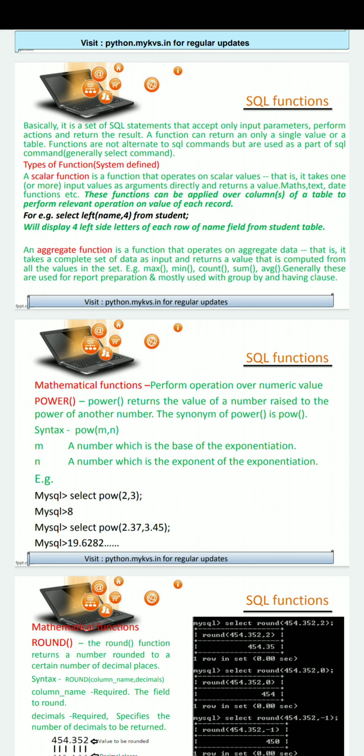Whereas if we write select POW 2.37, 3.45, it means 2.37 to the power 3.45, and it returns the result accordingly. It's very easy. The same function can be used for database column names also, but those columns must be numerical because the power function works over numbers only.